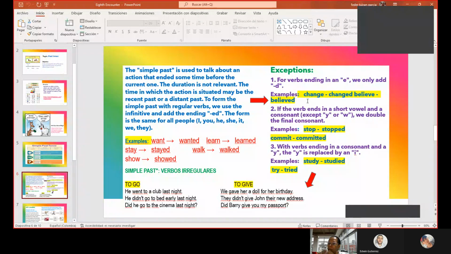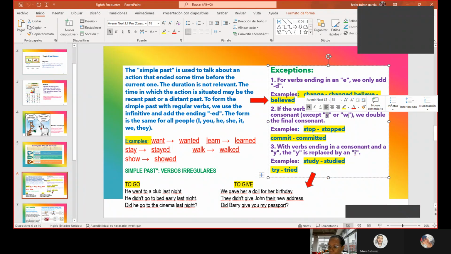For example, stop, stopped, commit, committed, another verb, swim, swimming. Okay, then only when finishing in y or w, this is an exception, don't change.